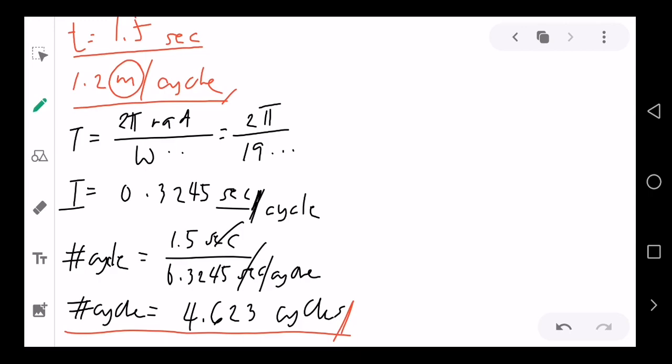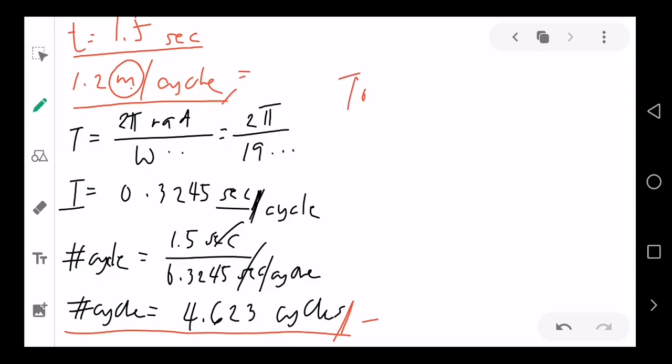Since meron na tayong cycle, kukuhanin natin ay meters. As you can see, kaya natin siyang i-cancel by multiplying the number of cycles by 1.2 meters per cycle.